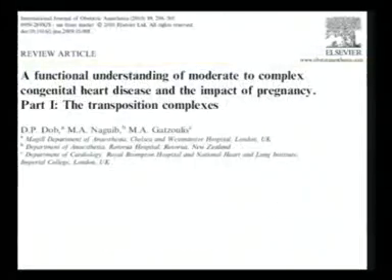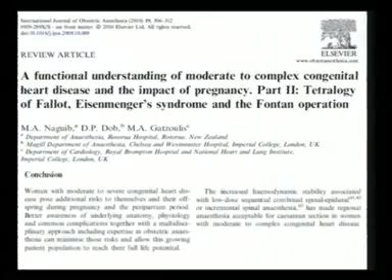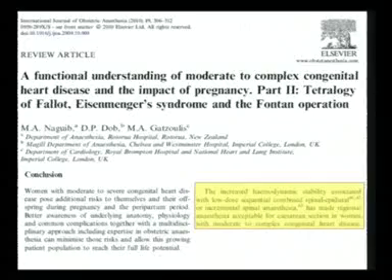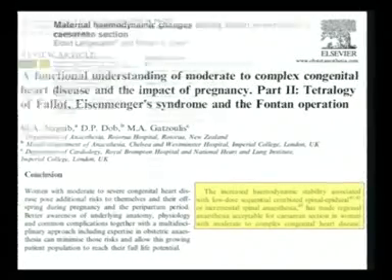After that, there were two reviews on congenital heart disease and pregnancies, and they said that regional spinal is quite safe even in congenital heart diseases when invasive pressure was monitored and blood pressure was taken care of with the help of phenylephrine infusions.